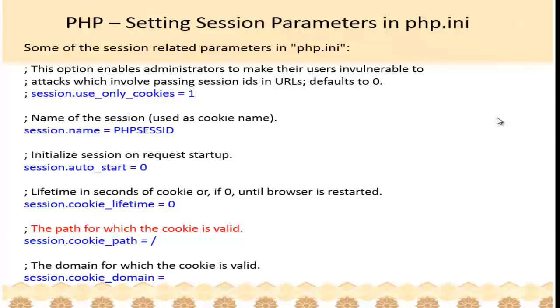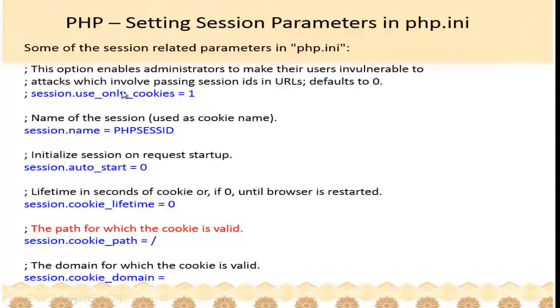You can set the way in which PHP handles the session by going to the php.ini and making some changes in a few of the parameters. If you want to say that a session must use only cookies, you can go to a specific location in the php.ini, the configuration file of PHP.